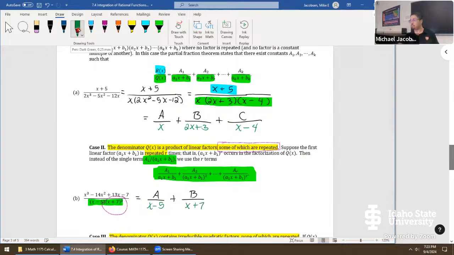Now we start bumping the powers. We'll go x plus 7 to power 2. And we know when to stop when we reach that power. Power 3 is our stopping point on this one. So it'll be plus D over x plus 7 cubed. So that's the form of that decomposition there. Any questions, folks, with getting to that one? Okay, does it make sense to folks so far?